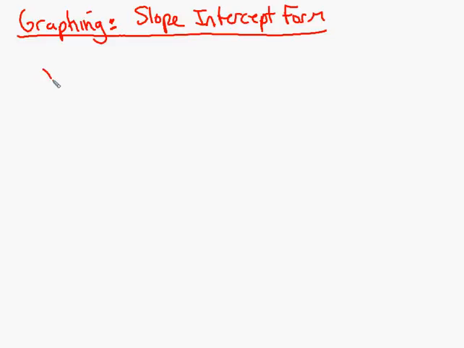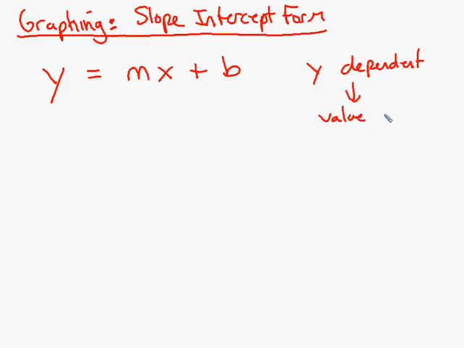You've done it before. It's y equals mx plus b. That's our form. Now y is considered a dependent variable. It's dependent because its value is determined by x.